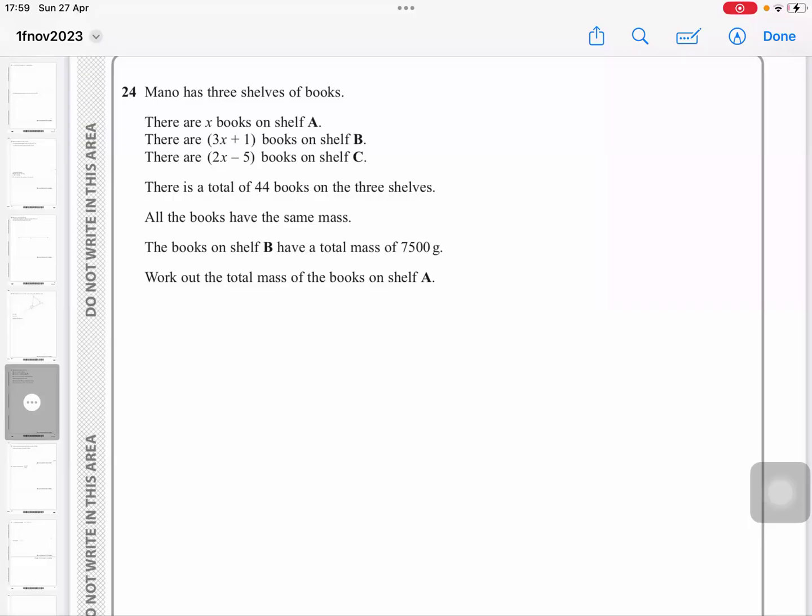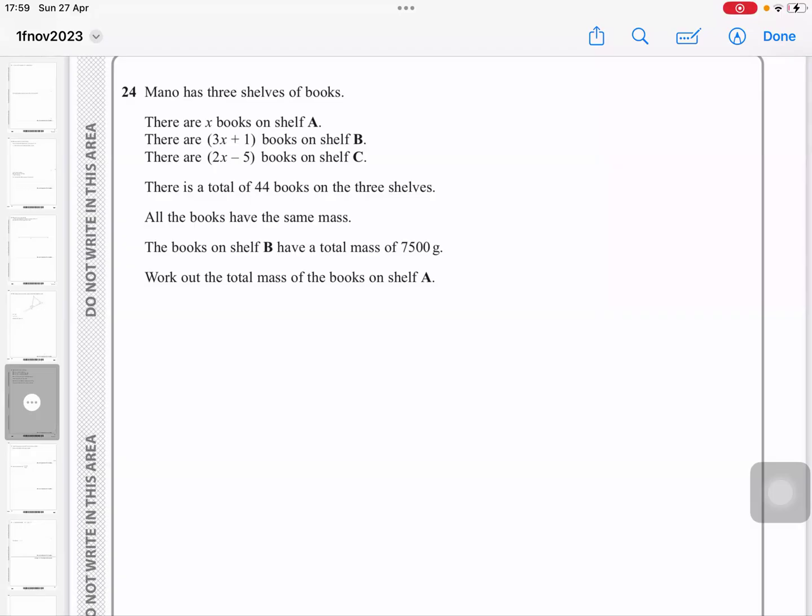If we find how many books are on shelf B, we can find out the mass of one book, okay? And once we know the mass of one book, automatically we'll be able to find out the total mass of books on shelf A, okay?